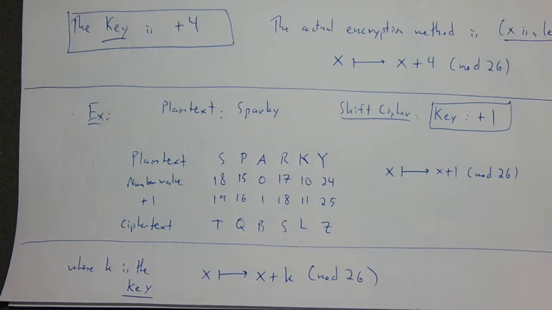If you are using a method that is determined by your key, then the number of keys tells you the number of ways that you can encrypt something. So, quick question, how many keys are there in this process? Well, 26, right? There's 26 choices for the value of k mod 26. Those choices are 0 through 25, right?